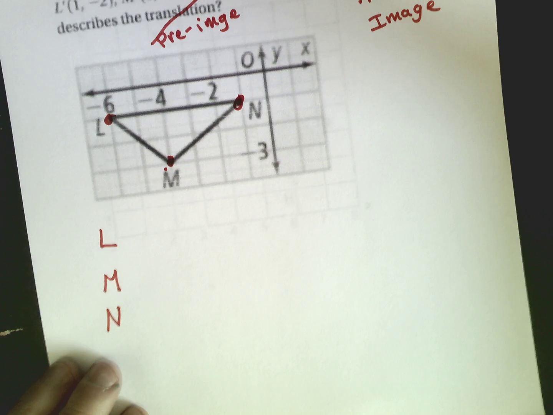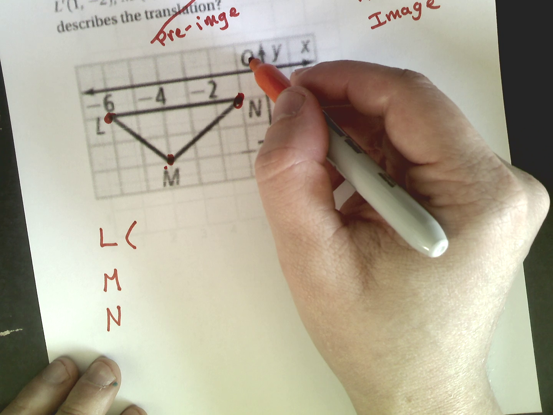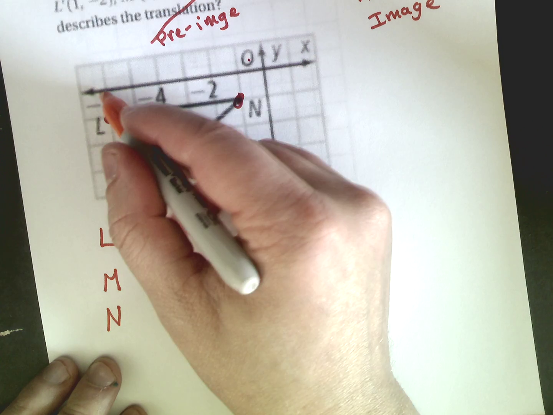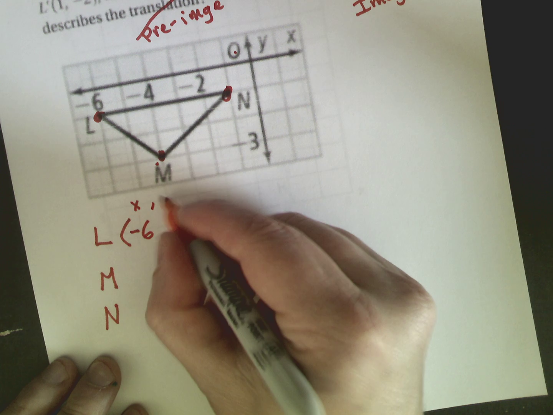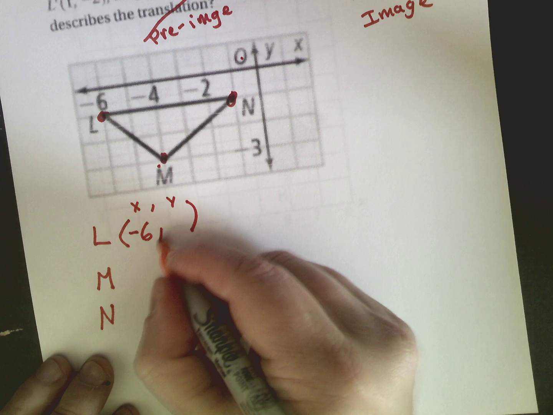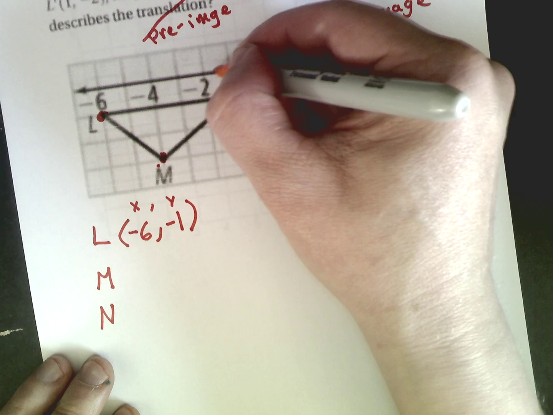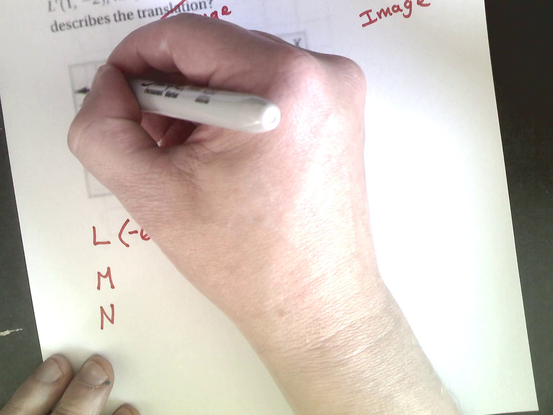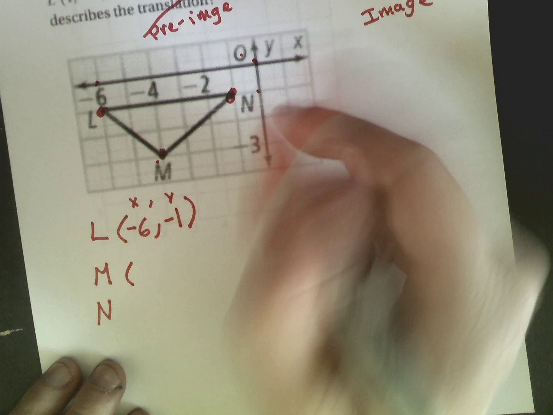So point L, looking here, well, let's see, it's -6 in the x direction. Remember, we always do x comma y. And it's -1 in the y direction, because here's 0 and we go down 1. So it's over 6, down 1. This is the original position of these things. This is the first triangle.